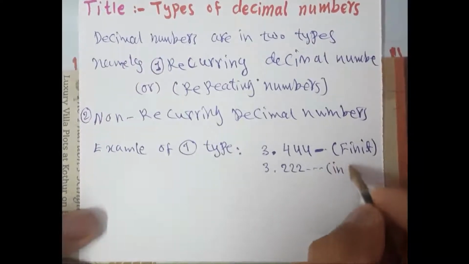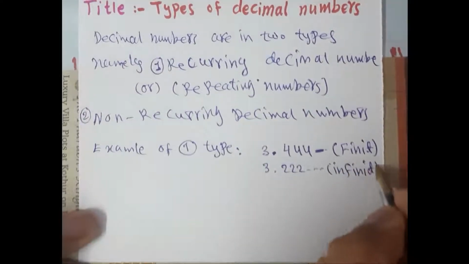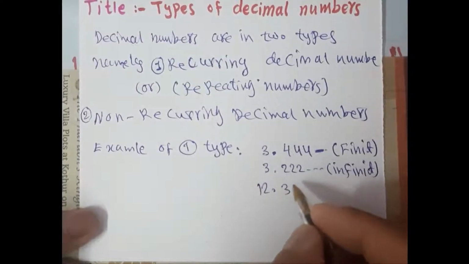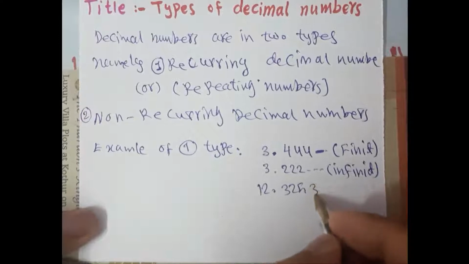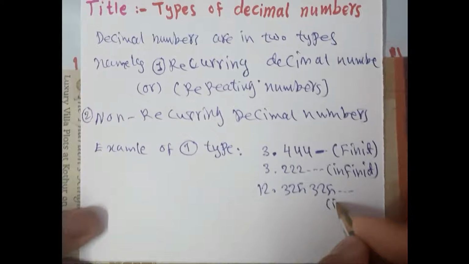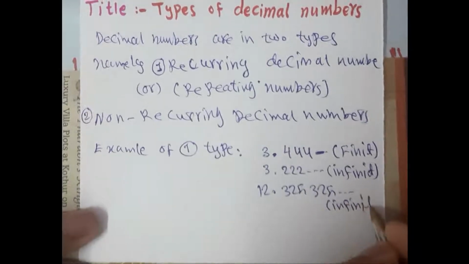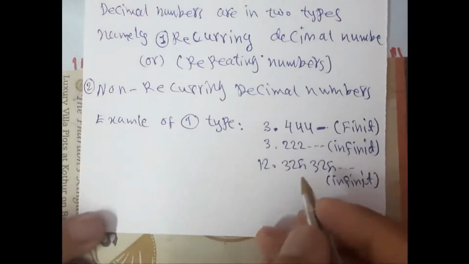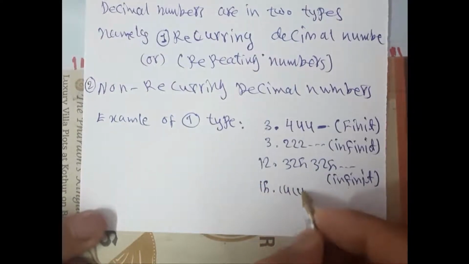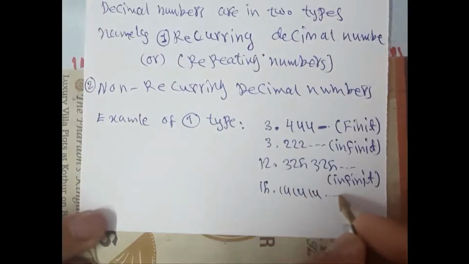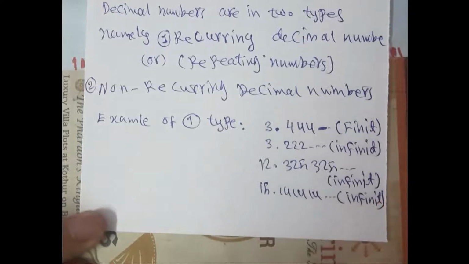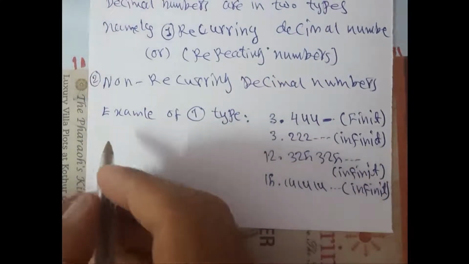It is infinite. 12.32.5, and so on, 32.5 is repeated infinitely. 15.14, 14, and so on, infinite. These are recurring decimal numbers.